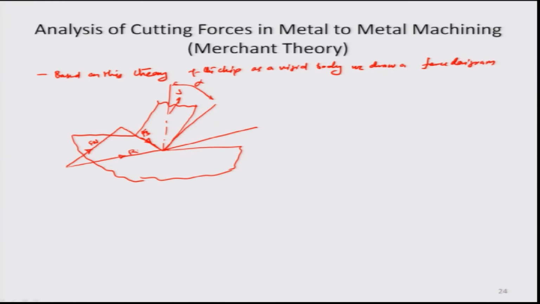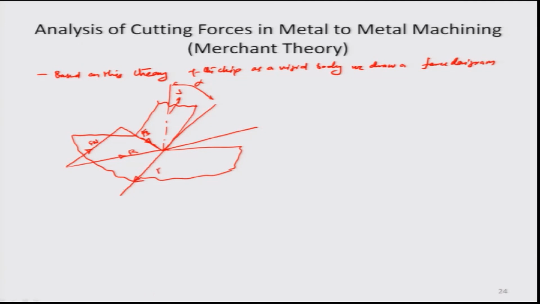And similarly, we now have a similar situation because of the frictional force and the normal force. So, we would like to draw the frictional force parallel to the chip surface, the tool surface, and opposite to the direction of the velocity of the chip.